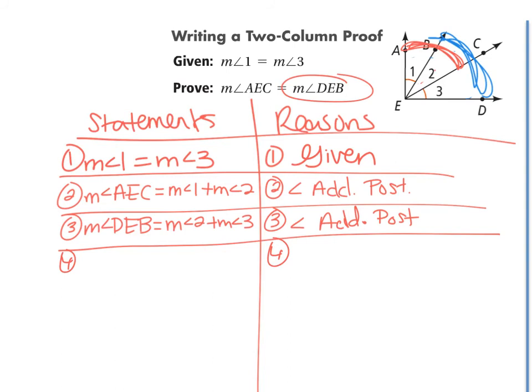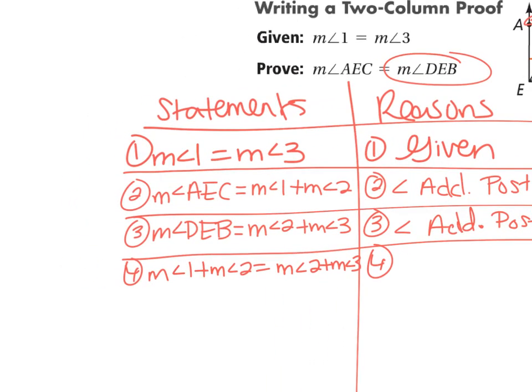So now the next step is the measure of angle 1 plus the measure of angle 2 equals the measure of angle 2 plus the measure of angle 3. How did I get there? You might want to take a second to look at it. Whenever you're looking at it, look from this step to this step.